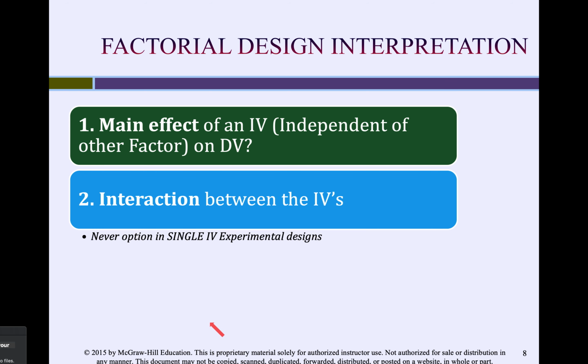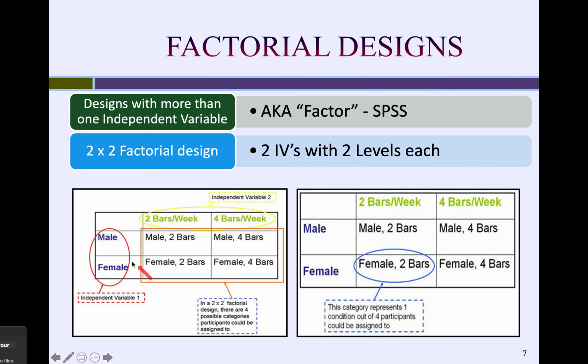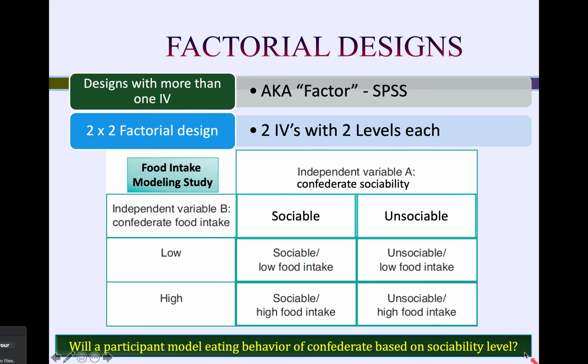And in fact, an IV by PV design, as another example, let's go back here, is this particular study. This is an independent variable that's manipulated by the researchers, the number of candy bars that they're asked to eat each week. But this is a participant variable because this has to do with gender, something that the participants come with. Gender, ethnicity, sexual orientation, all of these different participant variables is what we would call them.